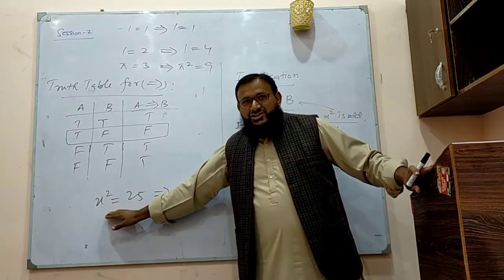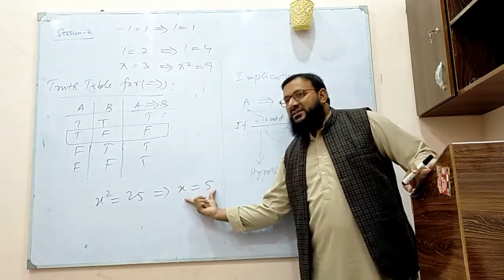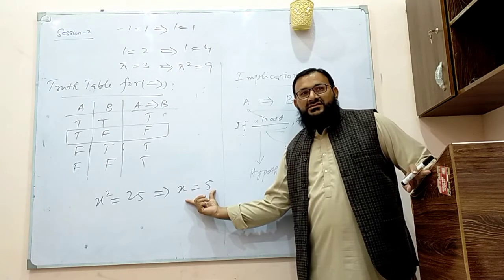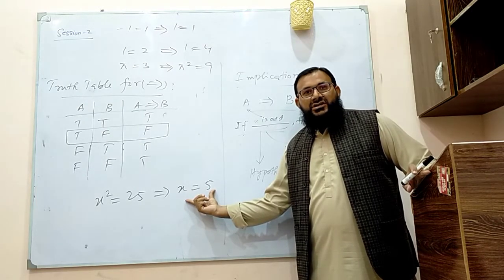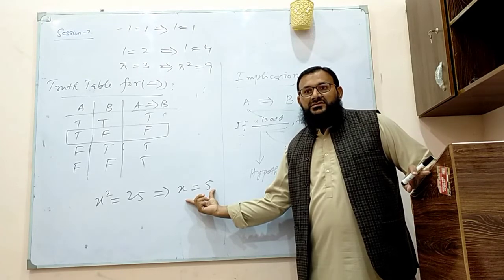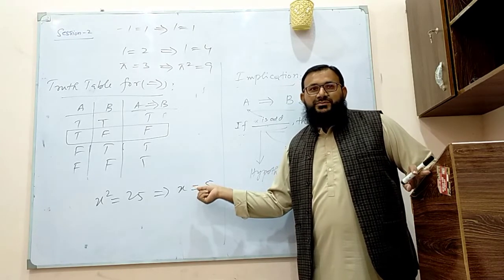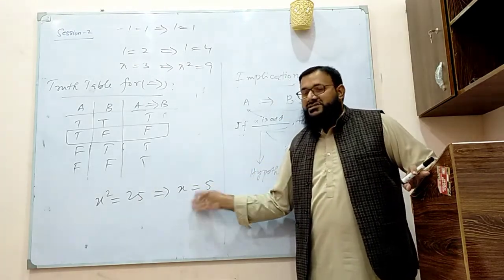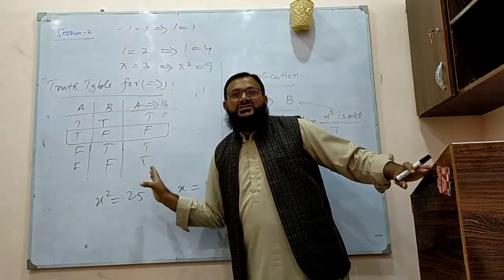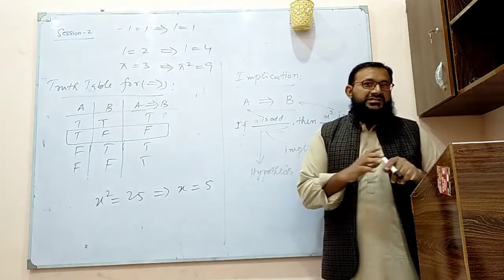This thing is true, but this result is false. This must be 5 or minus 5. You are not supposed to put only one possibility, because when you take a square root, it should be both positive as well as negative. So something true leads to something false. It means this whole implication is false.